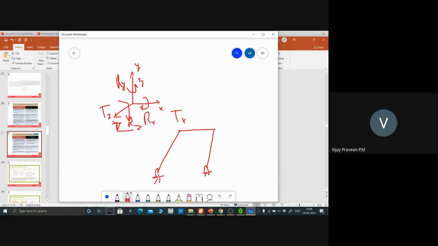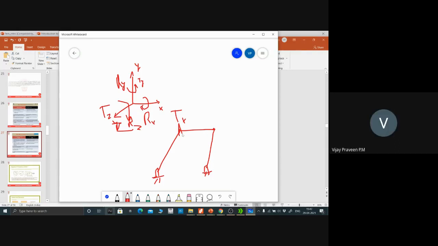Therefore, translation motion is constrained here, and it can only rotate. Even if I constrain here, it will give some type of motion. If I constrain somewhere else, you'll get another type of motion. So by changing the fixing portion, you'll get different types of motion. That is called inversion of mechanism. That is what you studied, isn't it?